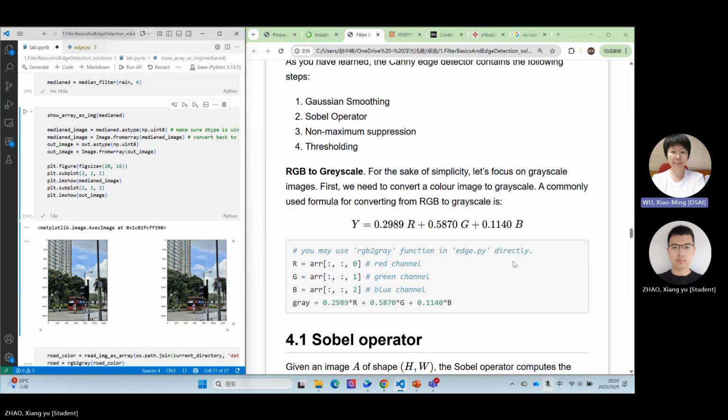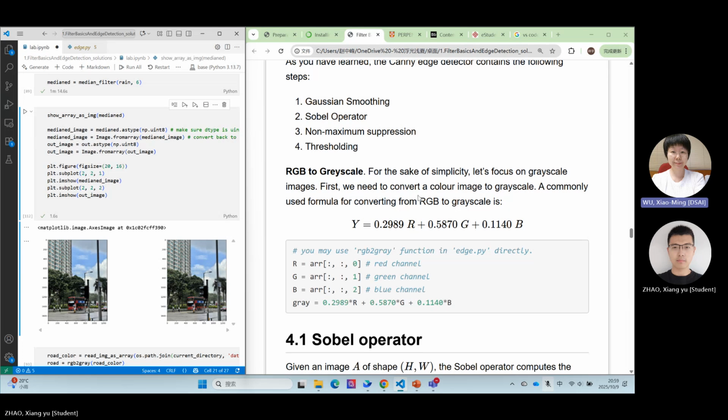For the sake of simplicity, let's focus on the grayscale images. Because the 3 channels need a lot of operations. We translate the RGB to grayscale just for simplicity.